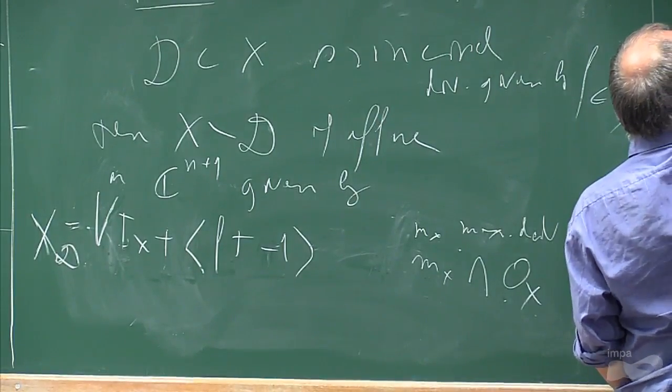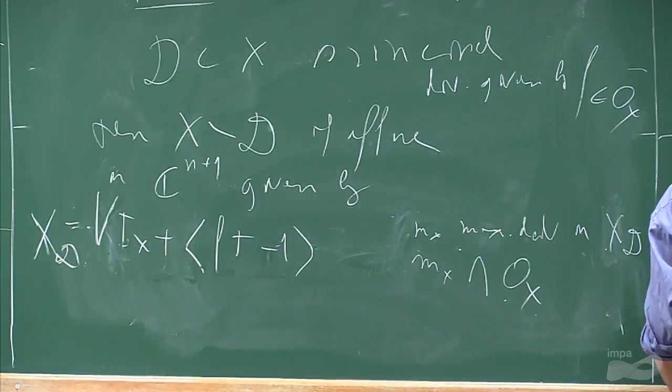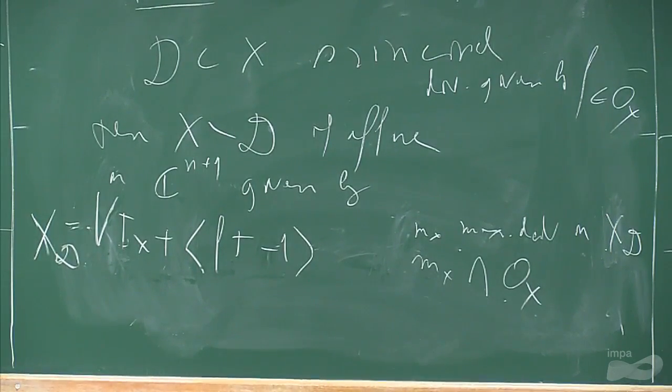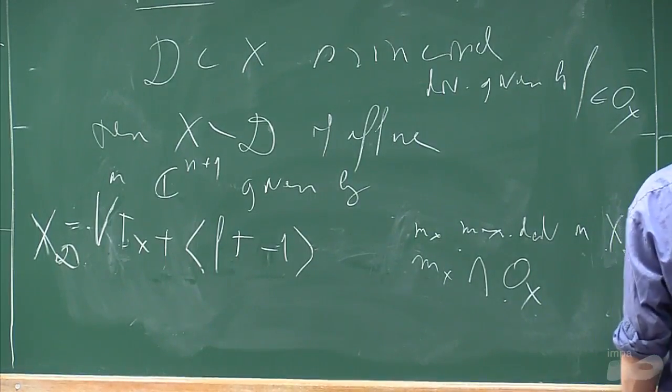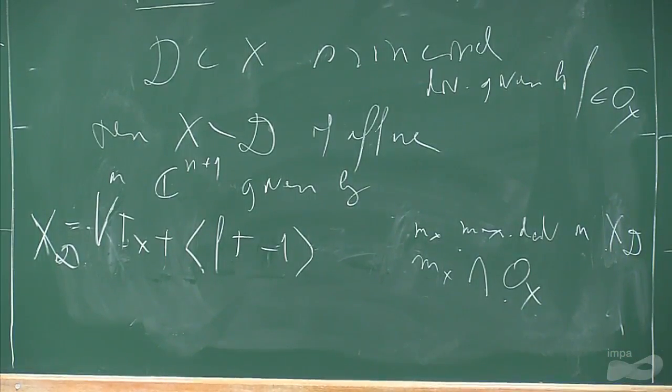Definition. Let's suppose that X and Y are irreducible.